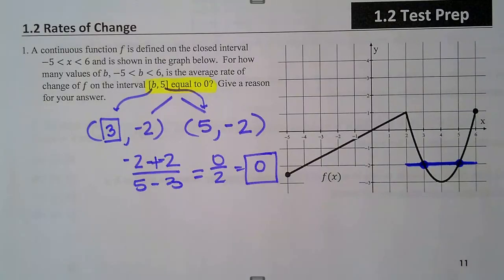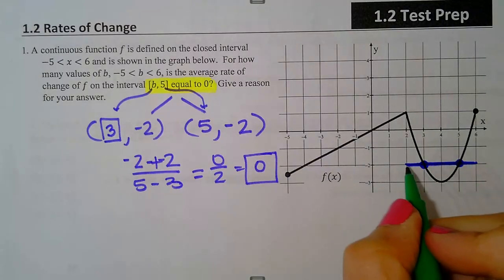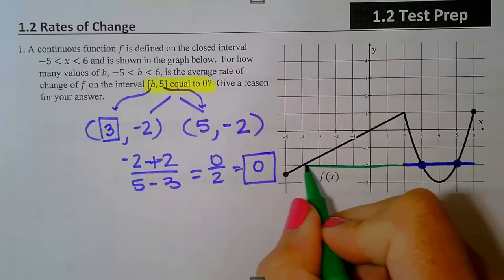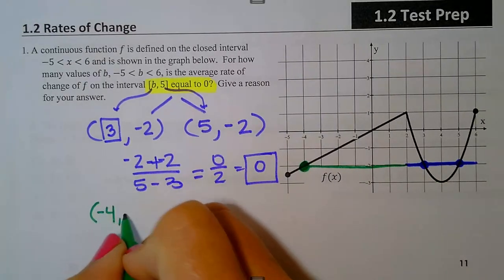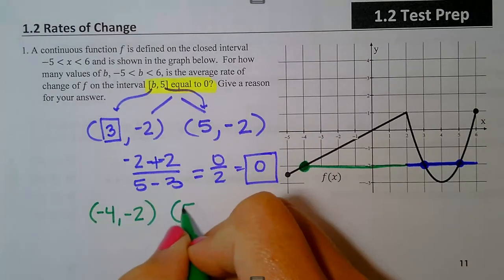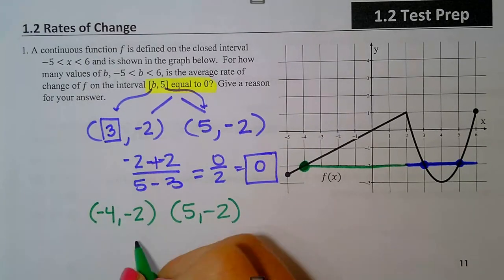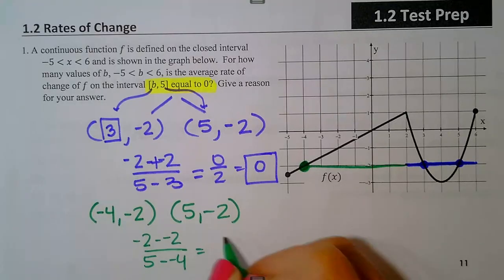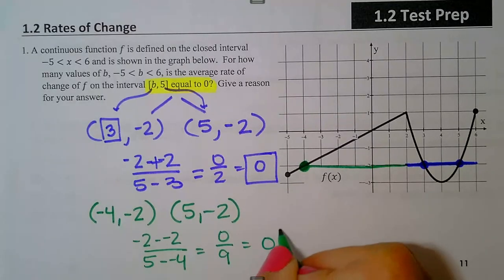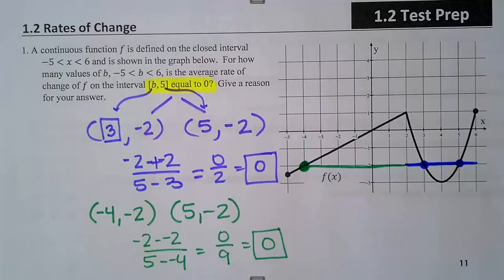So negative 4. So what's the next one? Negative 4. If I keep going, this would also work. Negative 4 is also negative 2, and 5 negative 2. If I did the slope formula again, I would get 0 over 9, and that also equals 0.